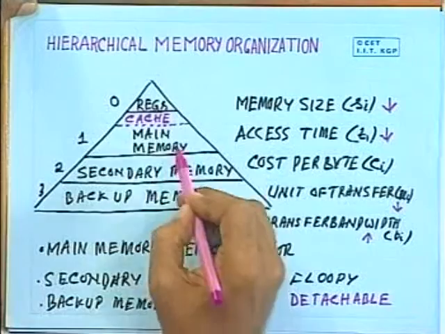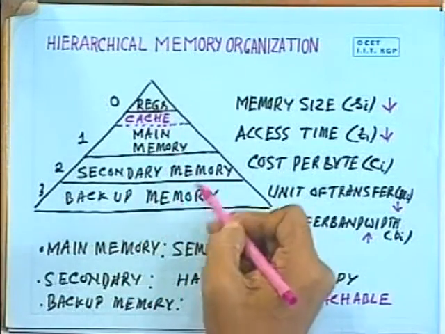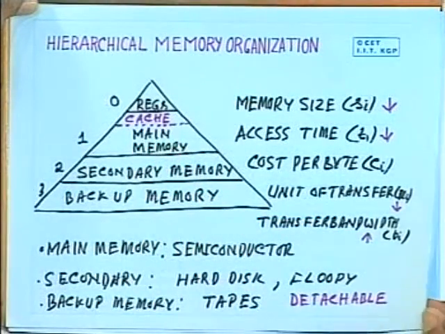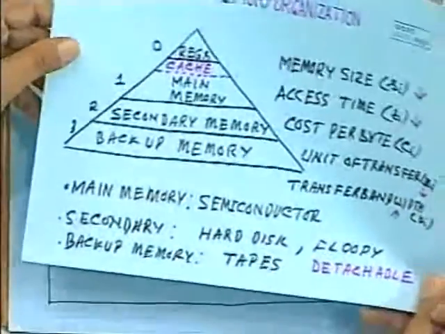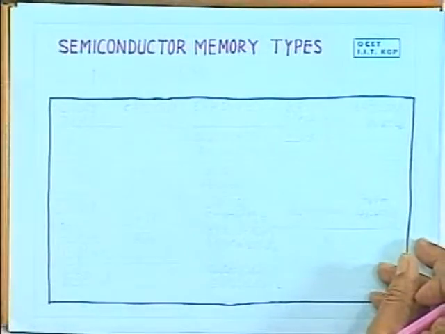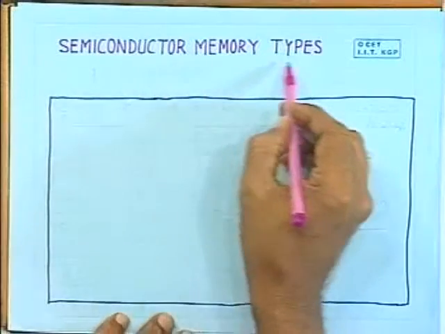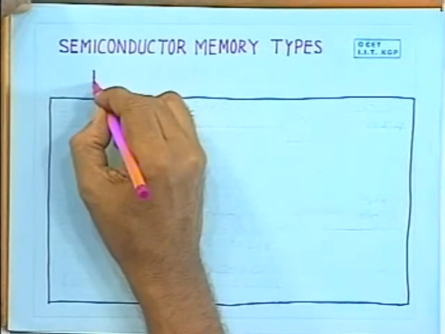We are interested in making embedded systems, smaller systems, where the main memory will be mainly the semiconductor memory, and other memory devices may not be present at all. So let us focus on the main memory, which is primarily realized by using semiconductor memory devices.